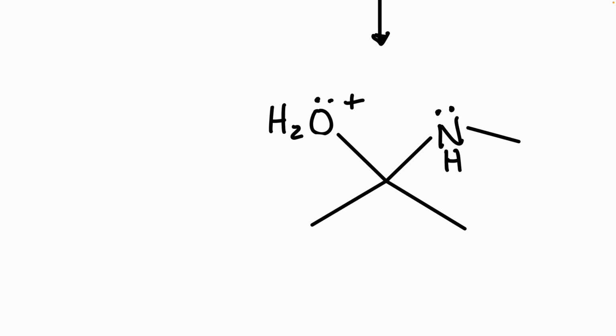Right, so now my oxygen is a good leaving group because it will leave as a neutral water molecule. But what's going to kick that oxygen off, right? It's not just going to fall off all by itself. There's got to be this kick, this little impetus that pushes it off. And where that comes from is probably the most surprising part of this whole mechanism.